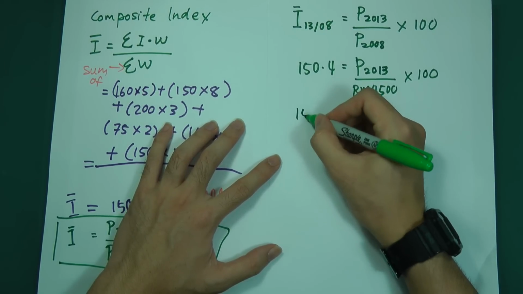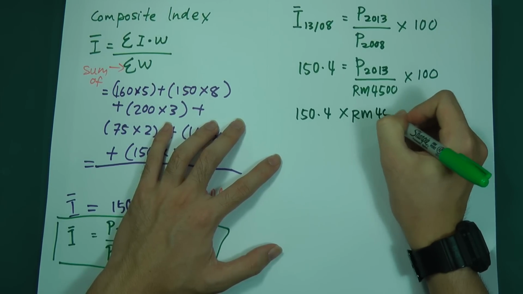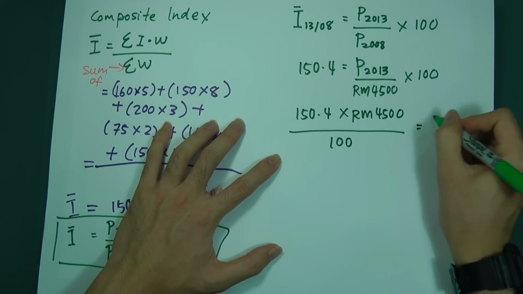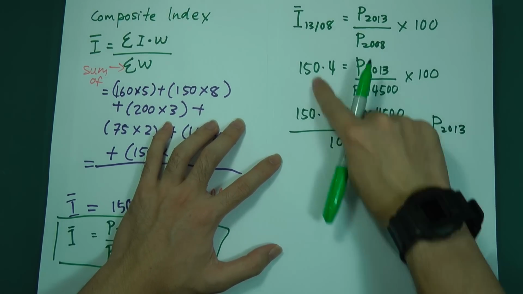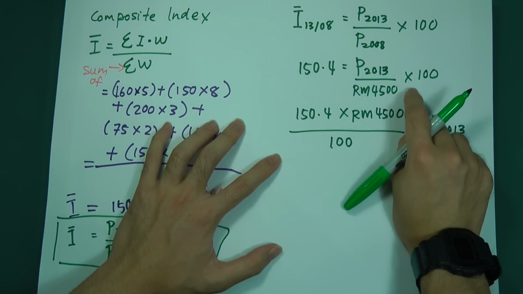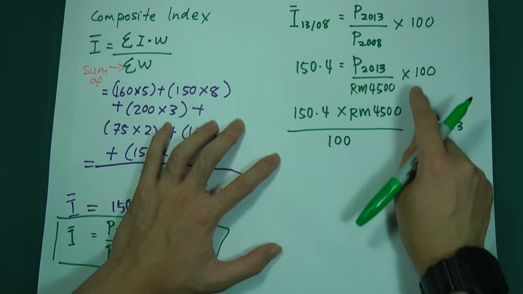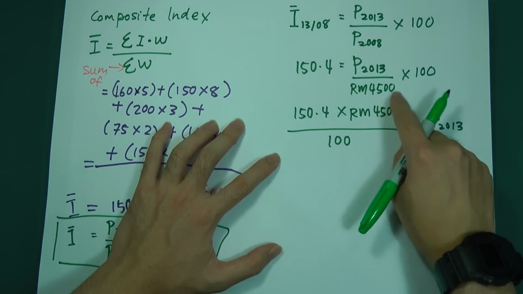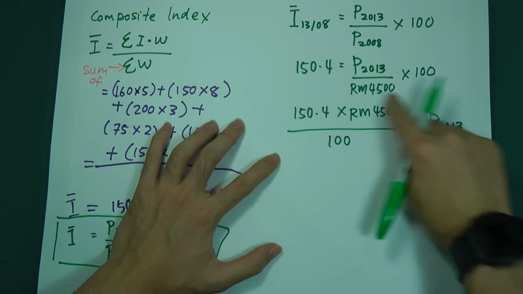This is 150.4 multiplied by RM4,500 divided by 100 will equal the price for 2013. Of course, you can do this step by step. Maybe you move the 100 over there first, you will get 150.4 divided by 100, and then move this one over there, you will get multiplied by 4,500. So it's the same thing.